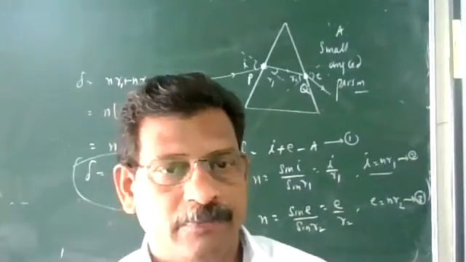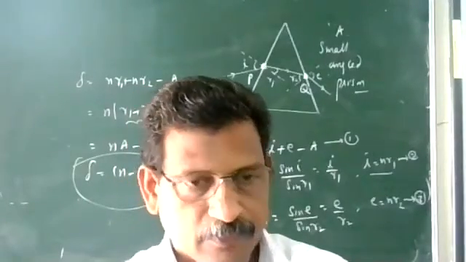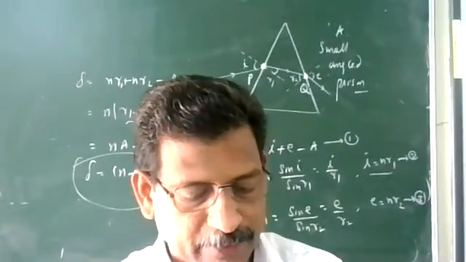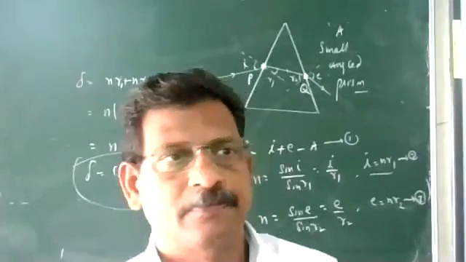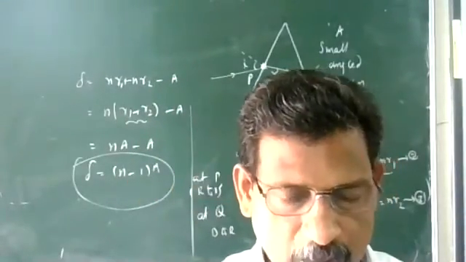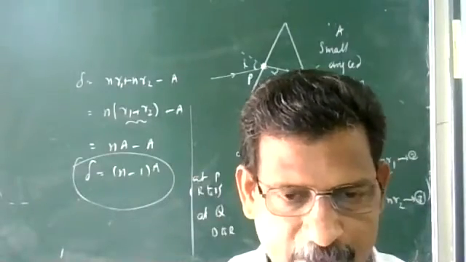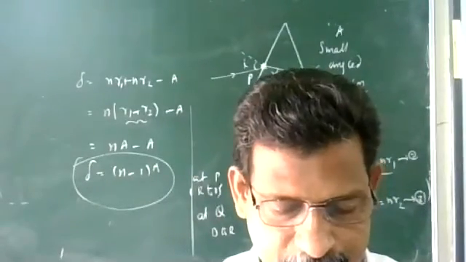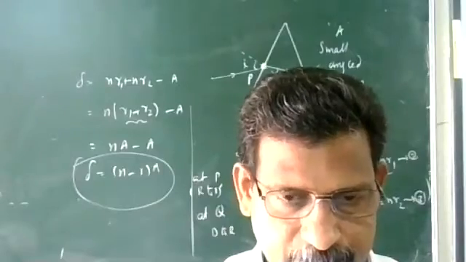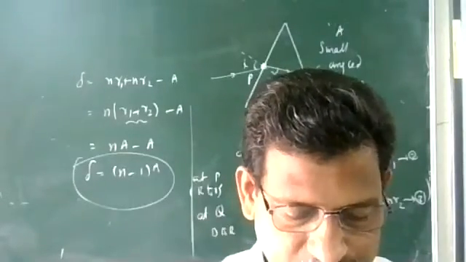Next numerical for you, do it in the copy. Calculate the angle of minimum deviation and refractive index of an equilateral glass prism.